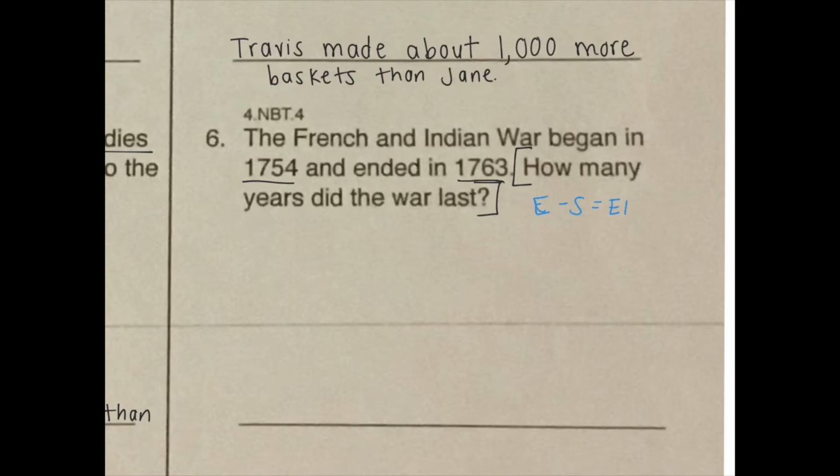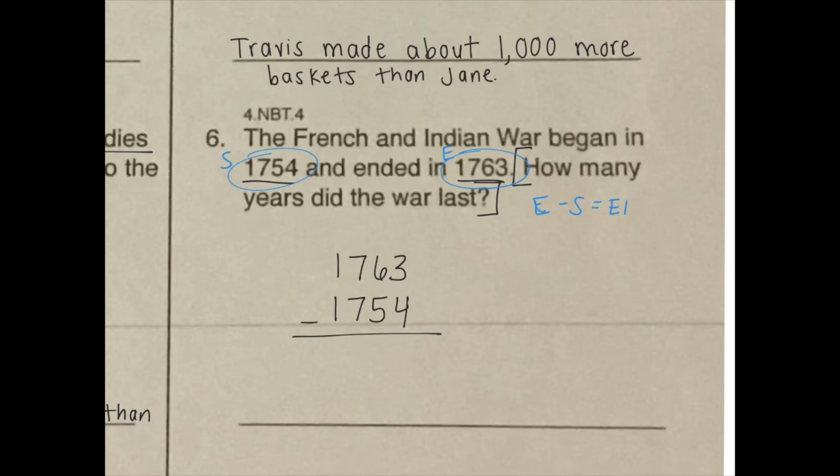So I'm going to need to subtract to find the end time, which is here, and the start time, which is here when it began, to find my elapsed time, or how many years the war lasts. So I'm going to label this right here E for end, S for start. Then I can subtract 1763 and 1754.